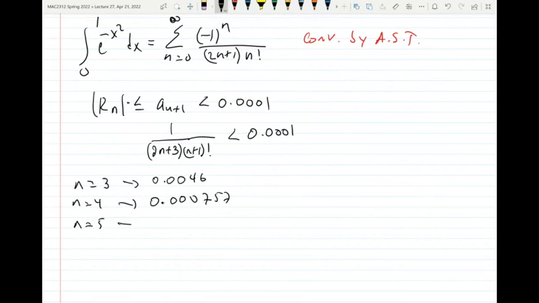So if n is equal to 5, then the a_{n+1} term, remember what I'm getting here is a_{n+1}. My a6 would be, n is 5, I get 13 times 6 factorial, flip it. And we get 0.123.